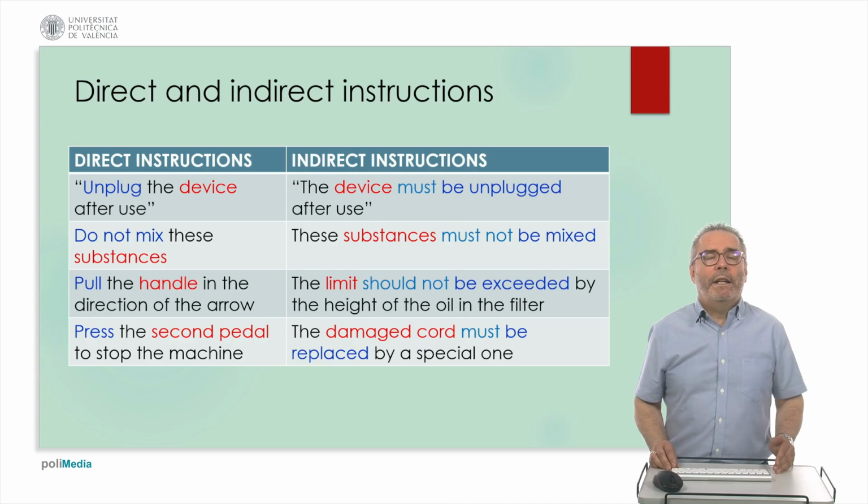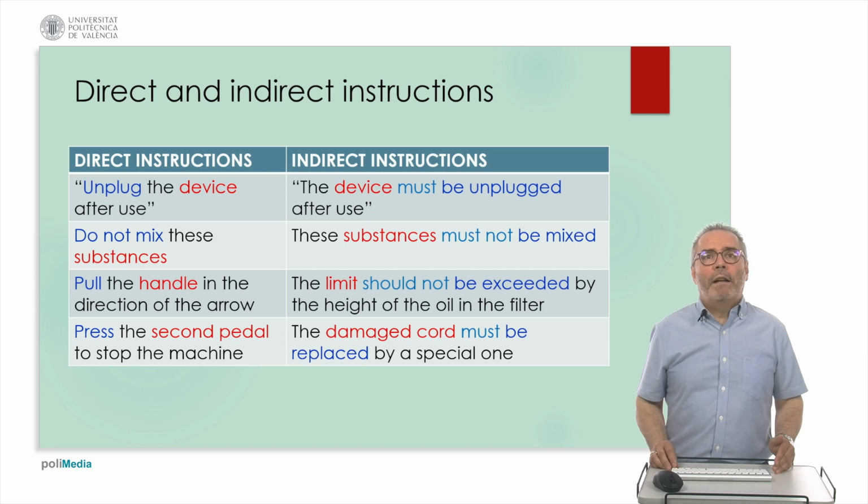Here we have these two types of instructions. For example, do not mix these substances would be a direct instruction, such as also pull the handle in the direction of the arrow or press the second pedal to stop the machine.